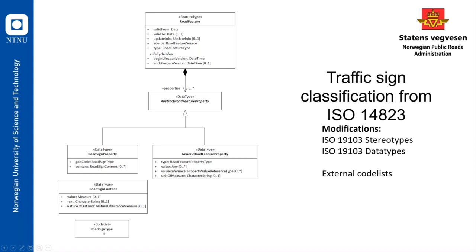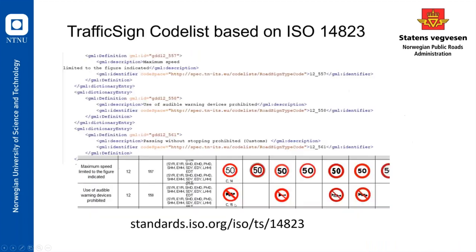So by referring to this URL here, you can then describe that this sign that I want to exchange information about now is actually a speed limit sign according to the ISO standard there.